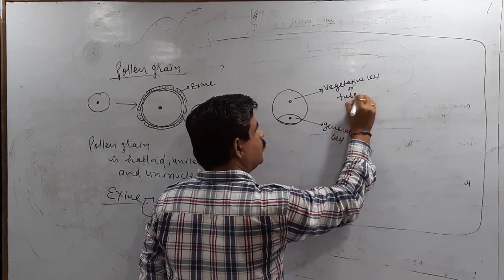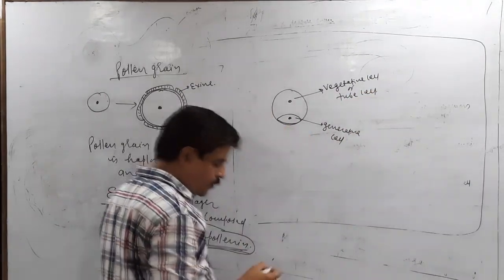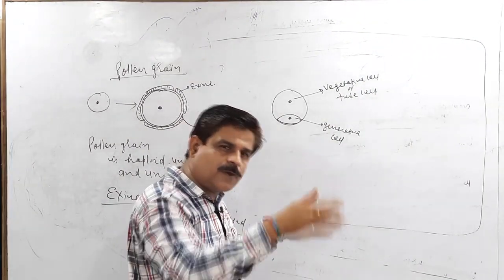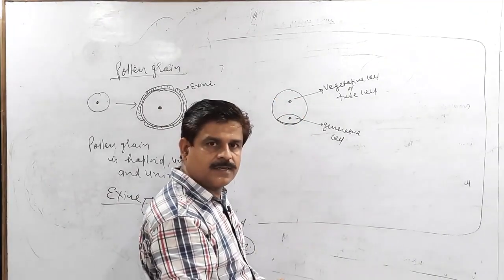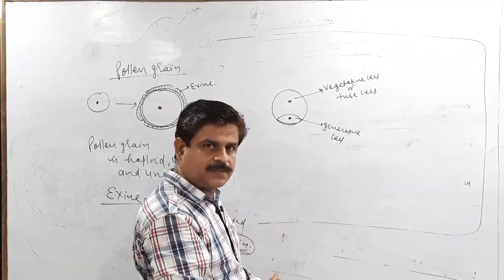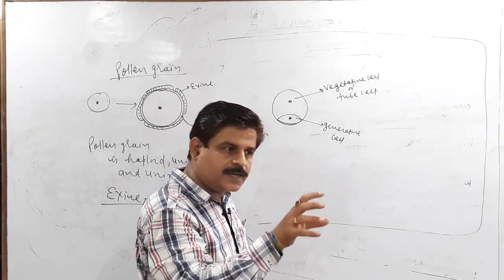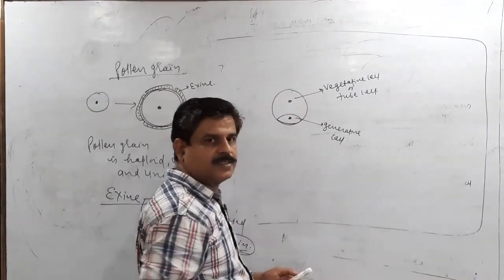In most angiospermic plants, approximately 60%, the pollens are released from the anther in this two-cell stage.